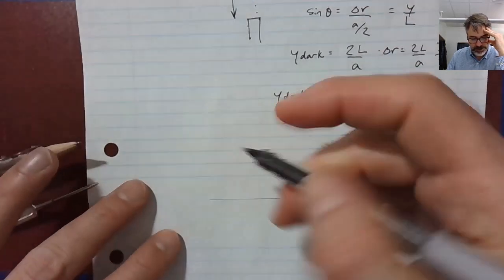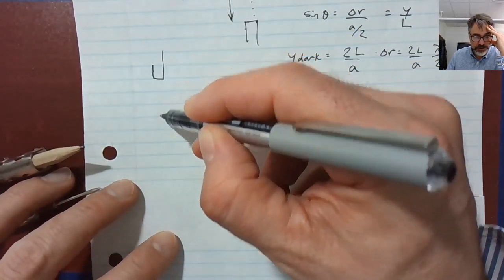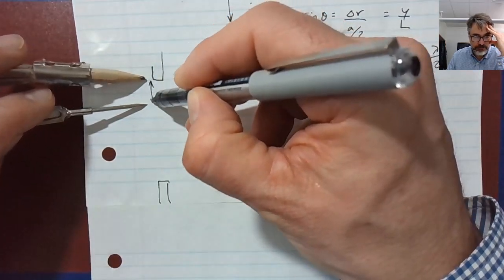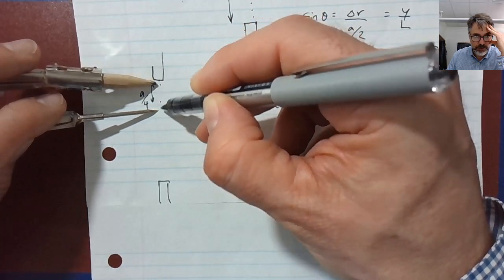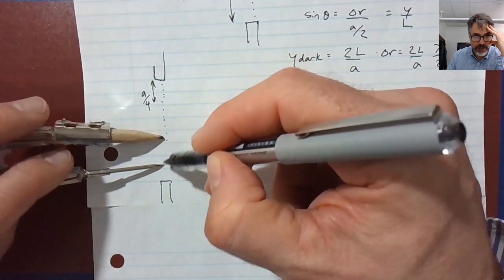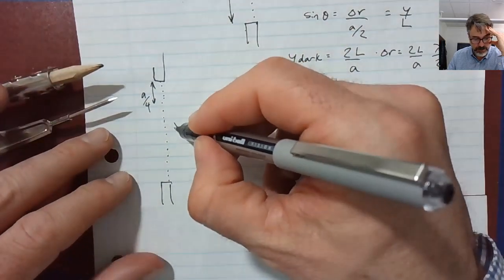But let's draw this again, and what I'll convince you of is this: if I go down to a over 4, a quarter of the slit width, then I can form pairs a over 4 apart to cover the top half, and then again pairs a over 4 apart to cover the bottom half.